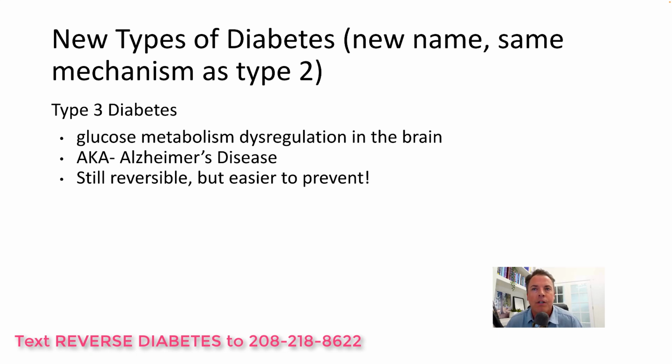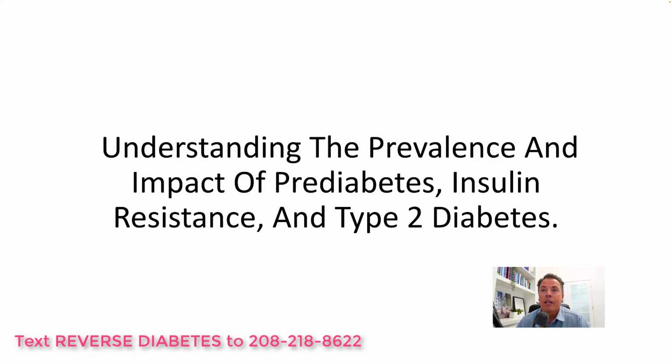It's still reversible, but easier to prevent. And there is definitely a point of no return with these Alzheimer's cases. If you're to the point that you can't remember who your kids are and you're in a home, there's really not that much that can be done. But before then, we can make some pretty massive lifestyle changes to get this thing going in the right direction.